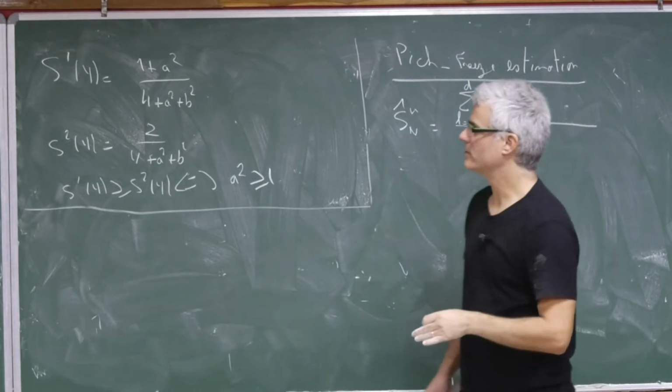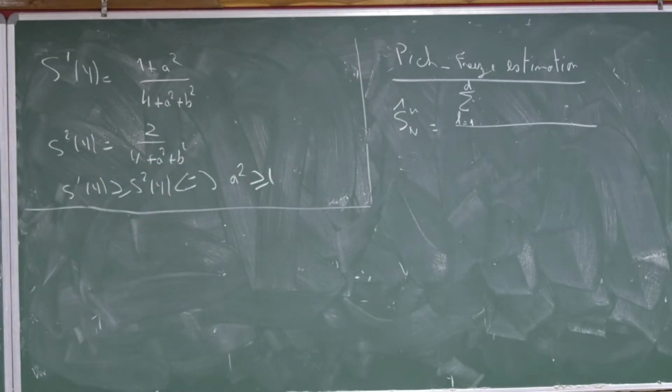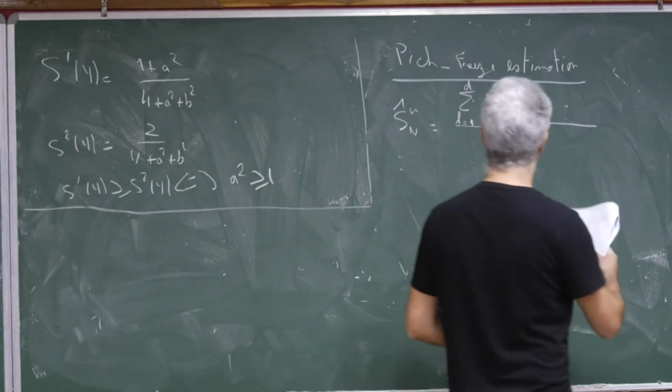Since I have a trace, I will have a sum over the diagonal elements, from l equal 1 to D.